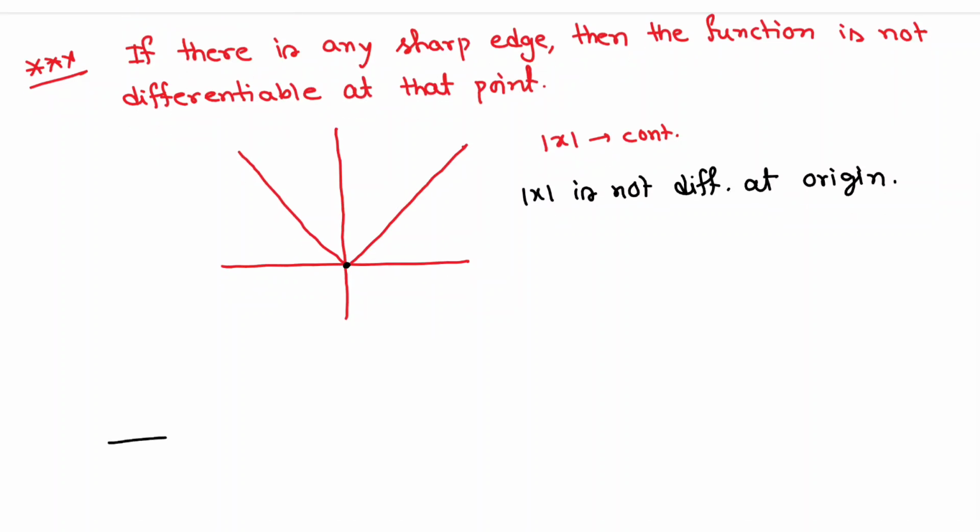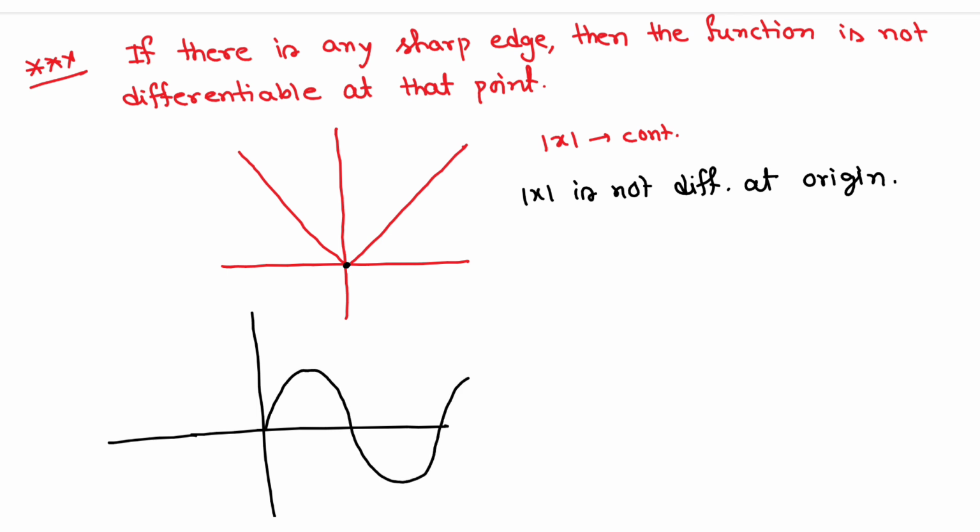Let's say sin x, sin 0 is 0, sin pi by 2 is 1. So this is the curve of sin x. Okay, and you can see that I can draw the graph of sin x without lifting the pen. So obviously sin x is continuous, and there is no sharp edge in this graph. This point is not a sharp edge.